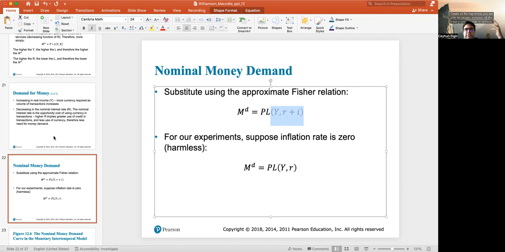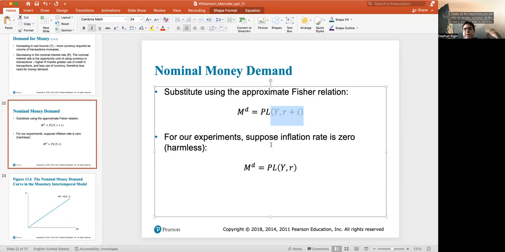And for the subsequent analysis, we'll be assuming that inflation is zero, at least for now. A harmless assumption, at least for now, as I said. Not so harmless for some other countries, maybe, but at least for some developed ones. Or maybe even for now, it is quite harmful for even developed countries. But let's say for the subsequent analysis, we are going to be assuming that it's equal to zero. So ignore inflation for now.